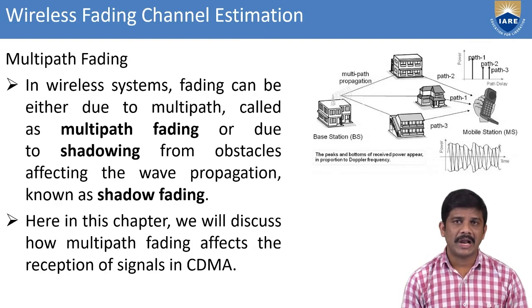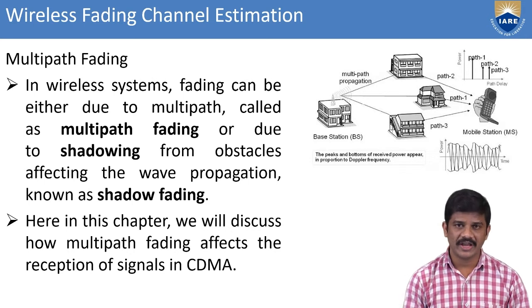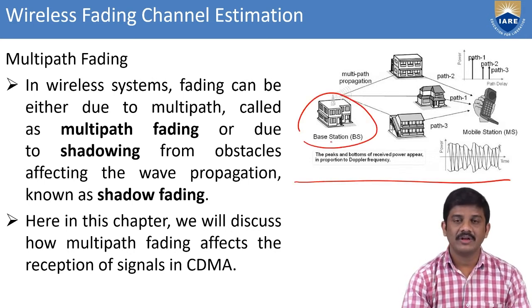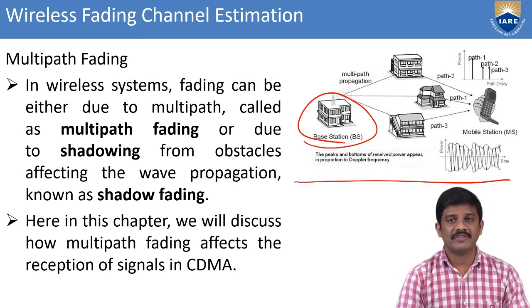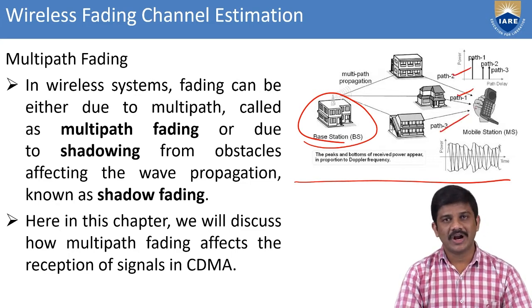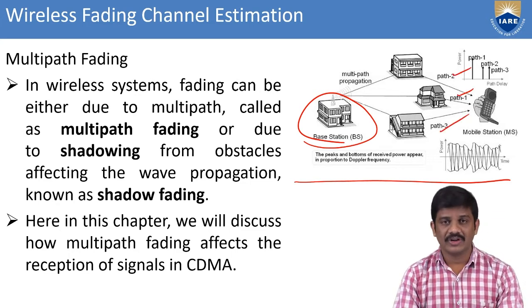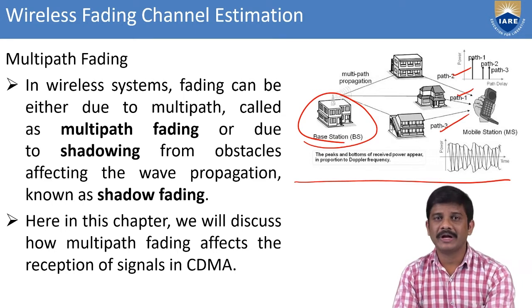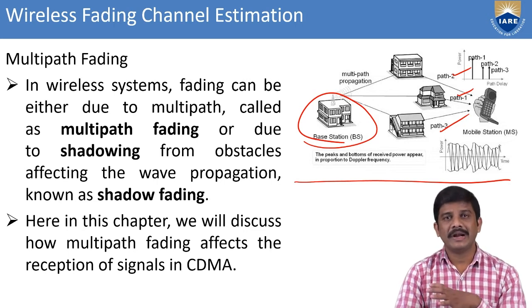Now you can see multipath fading in this diagram. You can understand it easily. Here this is a base station. From the base station, we have three paths: path 1, path 2, and path 3. This is called multipath fading. Between the transmitter and receiver, we have multipath propagation, and then we get multipath fading.